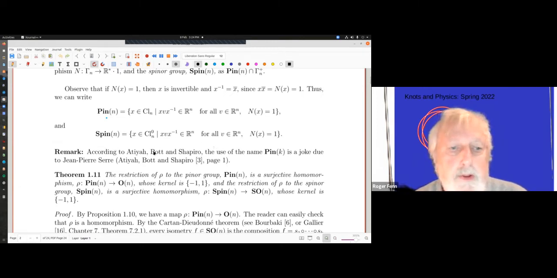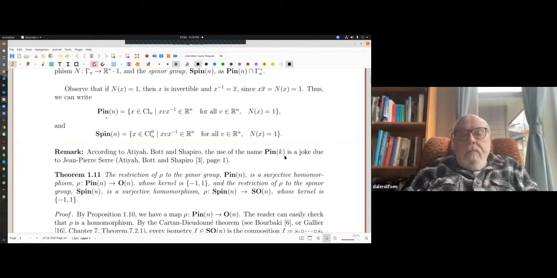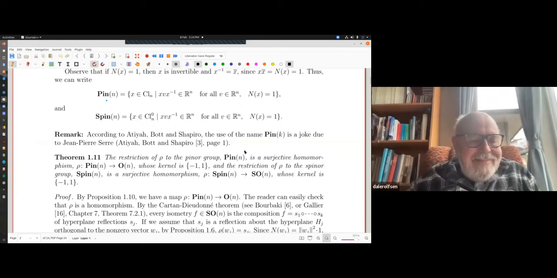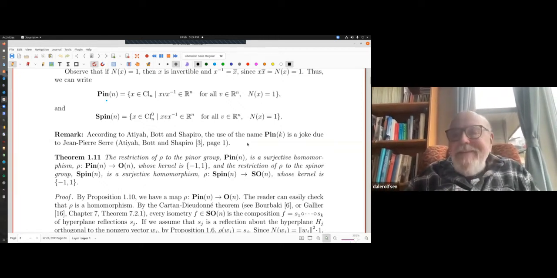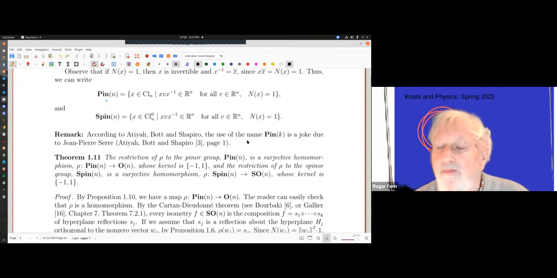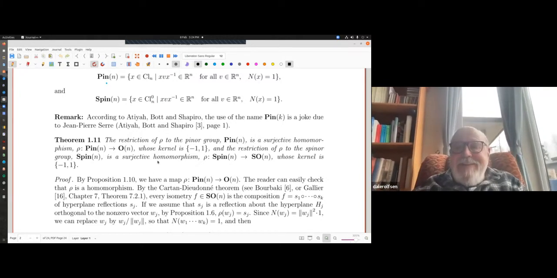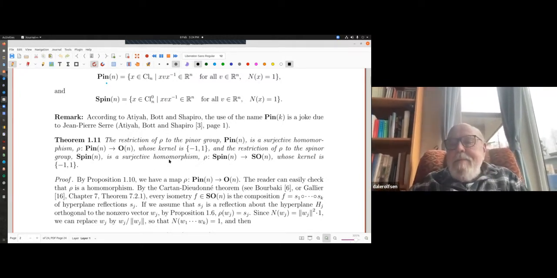According to Atiyah, Bott, and Shapiro, that's the paper, the use of the name Pin is a joke due to Serre. Is this a typical French joke? I don't know. Does anybody get it? No. Oh, Jack does. Okay, right. Jack, can you explain the joke? Oh, you need to unmute yourself.